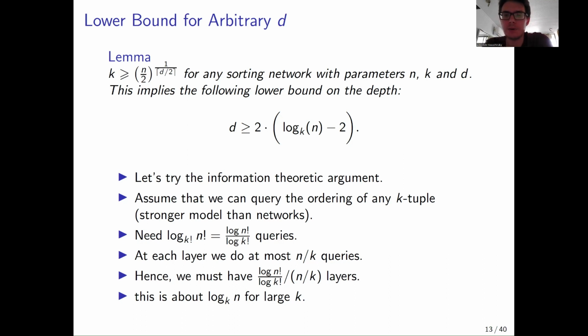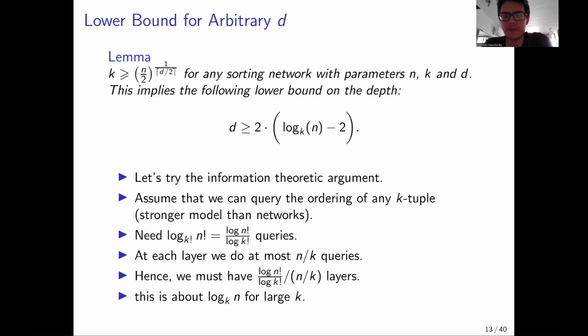And now if we represent it as a network, at each layer, we do at most n over k queries. So we obtain that as before, we must have at least log n factorial divided by log k factorial, and all this divided by n over k layers.